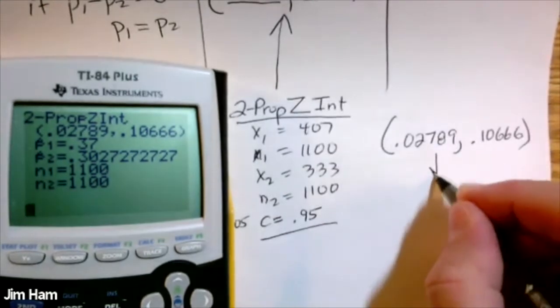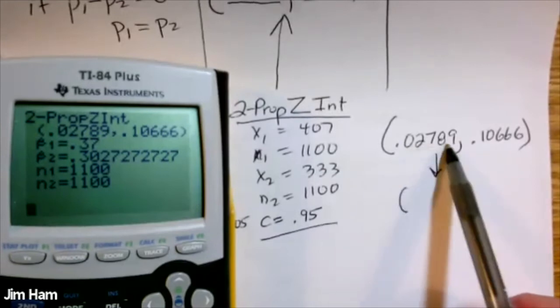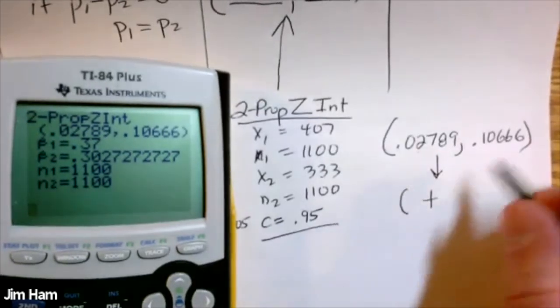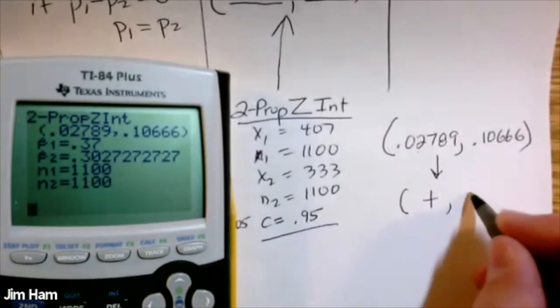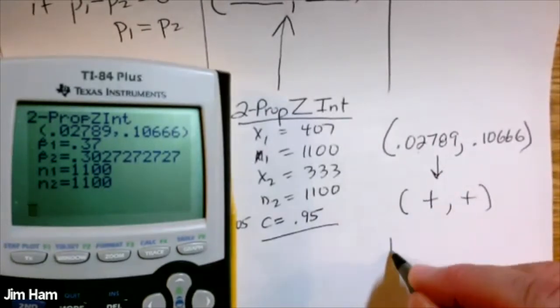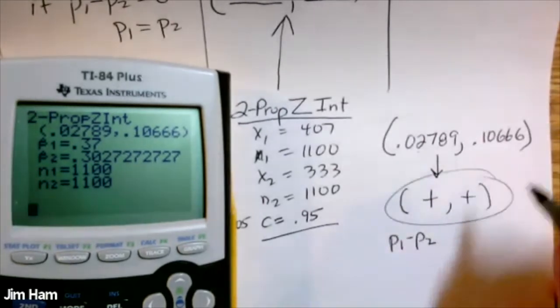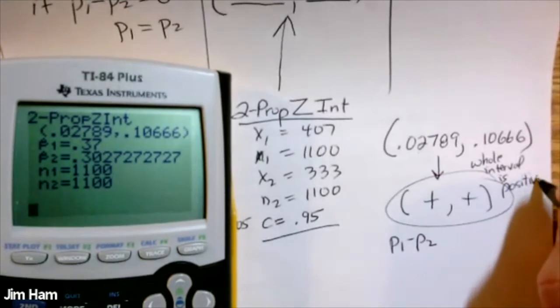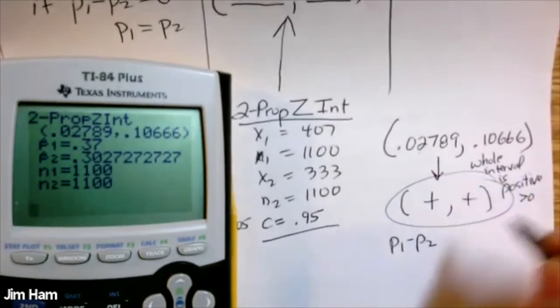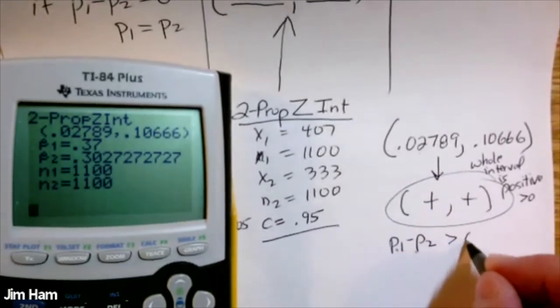And so in this example, we have a positive number on the lower end and a positive number on the upper end. So 2 positives. So if we're estimating P1 minus P2, since the whole interval is positive, we know that positive means greater than 0. So this gives us evidence that P1 minus P2 is greater than 0.